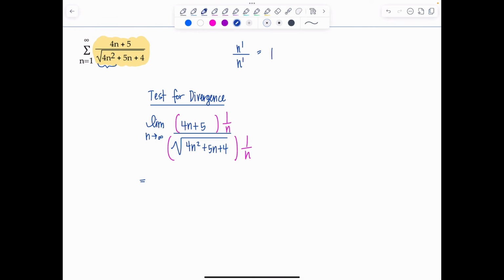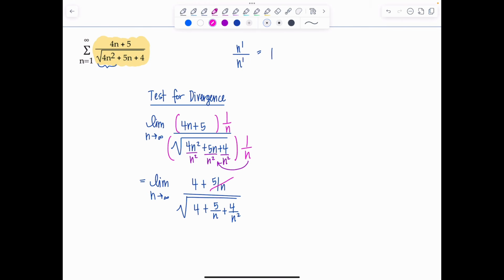So up top we're going to have limit as n goes to infinity of 4 plus 5 over n. And then be careful, when you bring this 1 over n under the radical, it actually becomes 1 over n squared. So now underneath the square root, we have 4 plus 5 over n plus 4 over n squared.